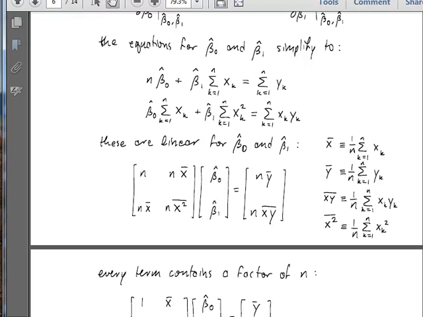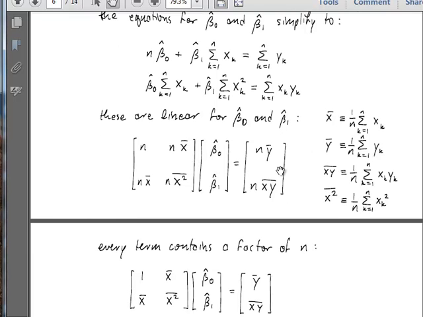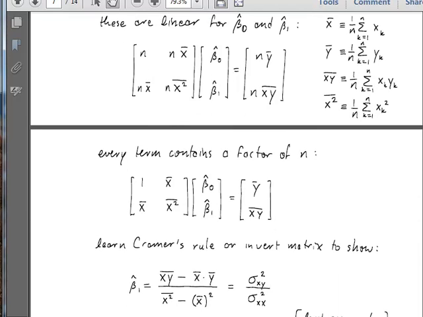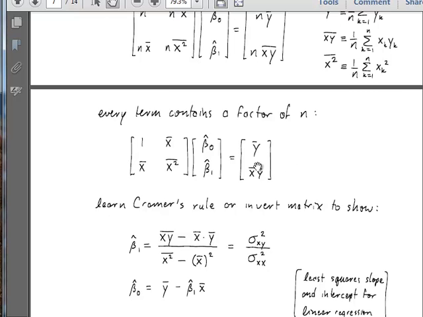So all the coefficients and all the vectors over here on the right can really be expressed as things that only depend on the averages of your data set. And so doing that gives you this new simplified set of equations with this very simple matrix on the left, acting on your beta 0, beta 1 vector, and that's related to this easily computed vector of known quantities on the right.